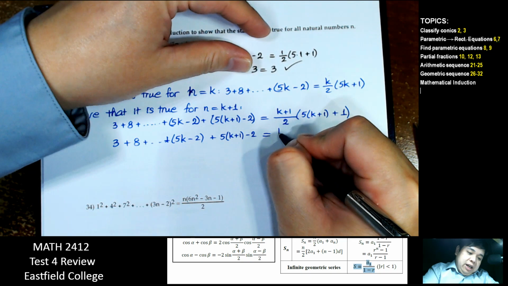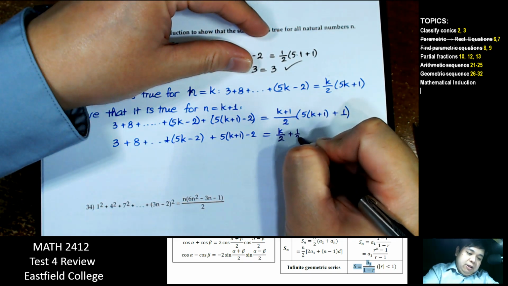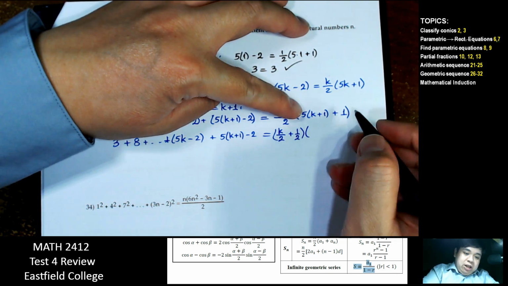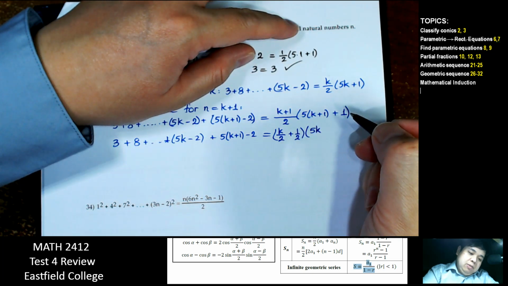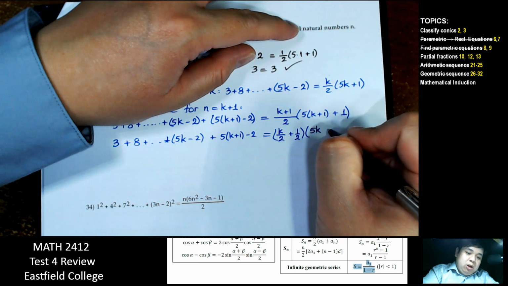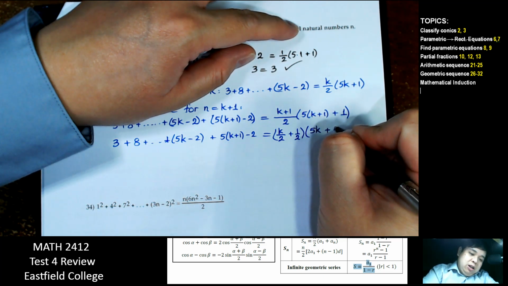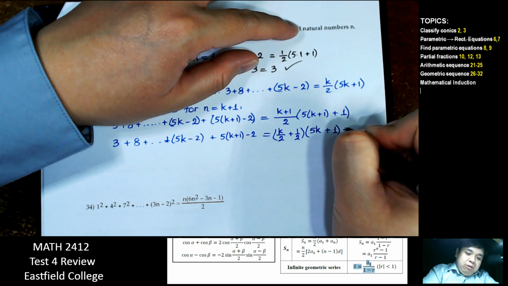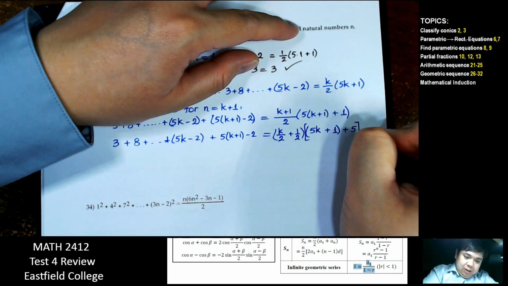I will have k over 2 and 1/2. And I multiply this out and combine. I will have 5k plus 5 plus 1 will be plus 6. I would just say plus 1 and then I will add 5 to it. Right.